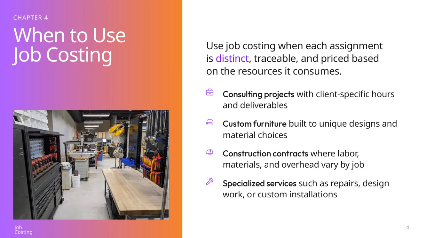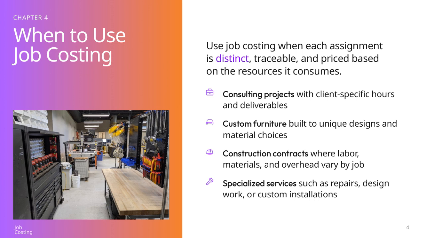Job costing is most effective when each project or assignment is unique, easily identifiable, and its cost can be directly traced back to the specific resources it uses. For example, consulting projects often fit this model because they have client-specific hours and deliverables that need to be tracked individually. Custom furniture is another good example. Each piece is built to unique designs and materials, so costs vary from one job to another.